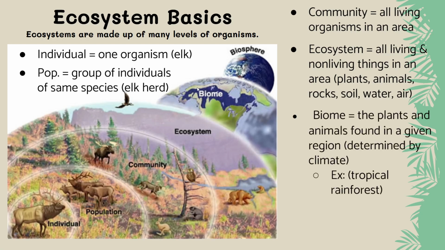Finally, a biome is a large area that has a similar climate, and that is going to ultimately determine the plants and animals that can live there. For example, the tropical rainforest is an area that is very warm and has really high rainfall. That is why we see such a wide variety of plant and animal species in the tropical rainforest.